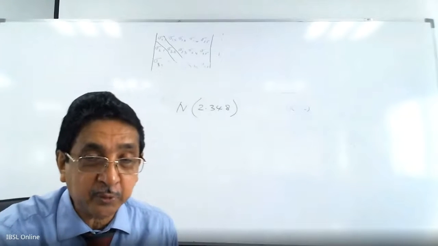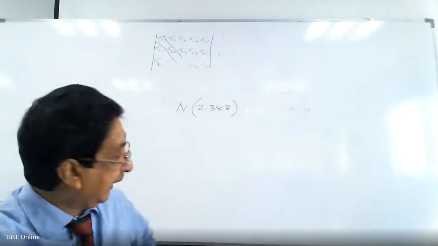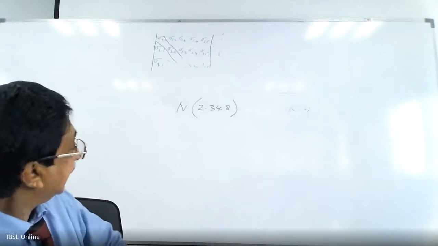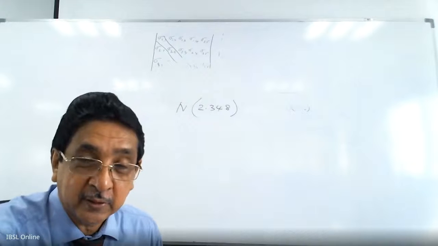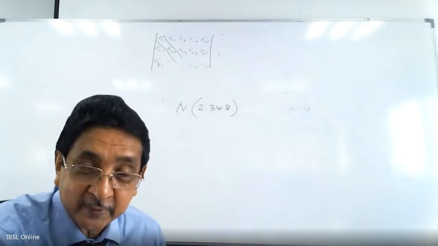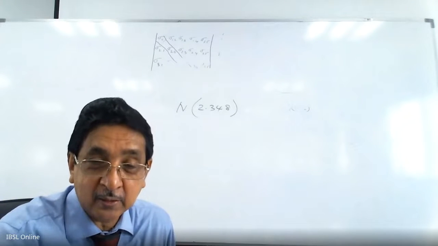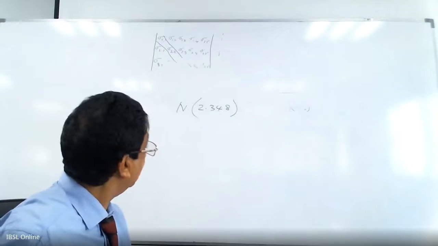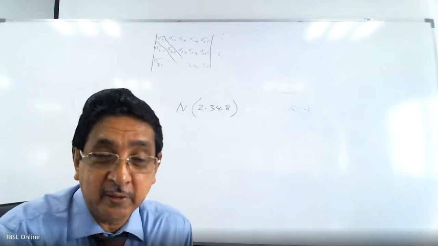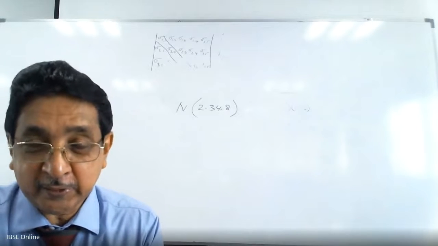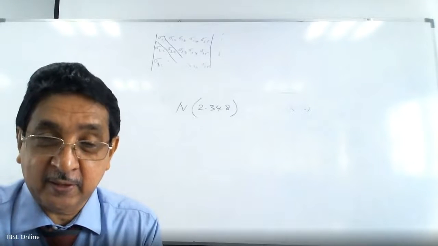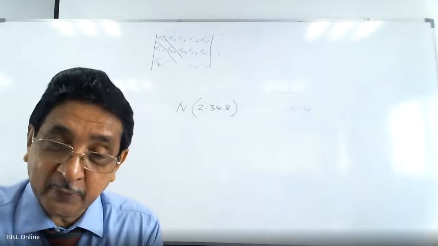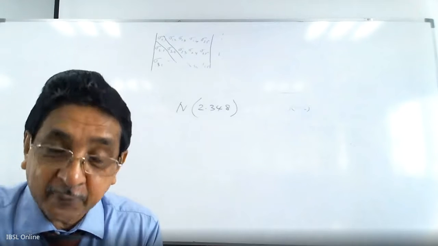I have just put another value on the board. Can you get the value for that using the normal curve table? I just want to give you good guidance with regard to using normal curve tables, applying the formula and all that.